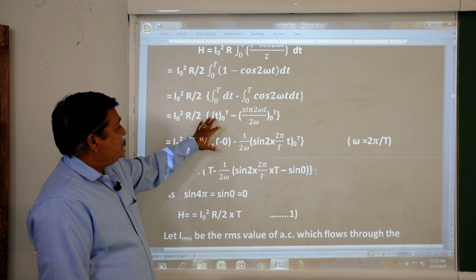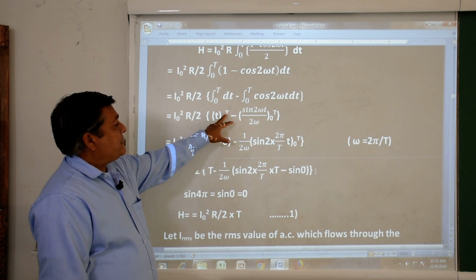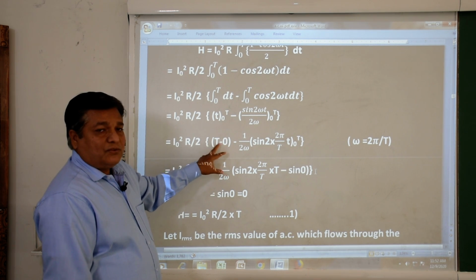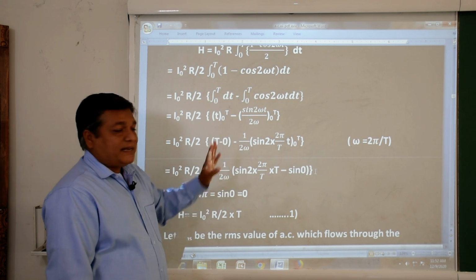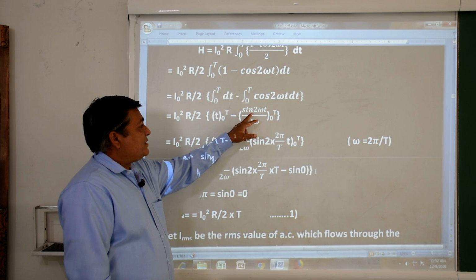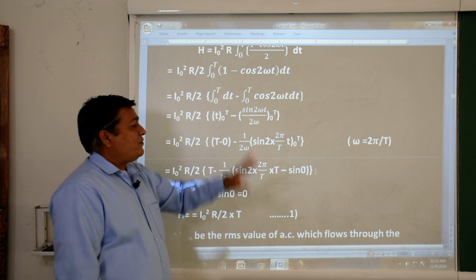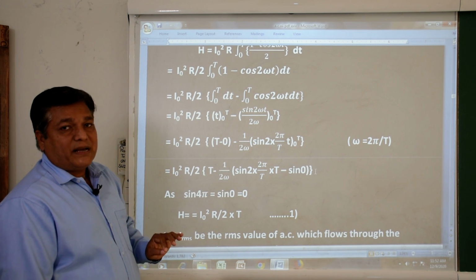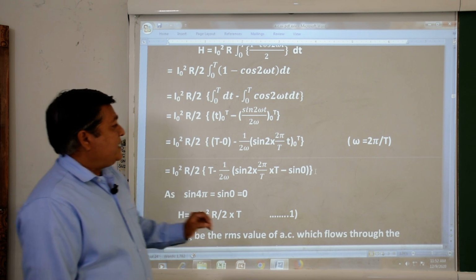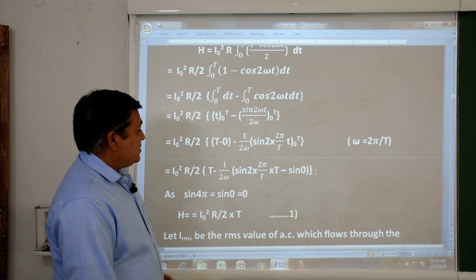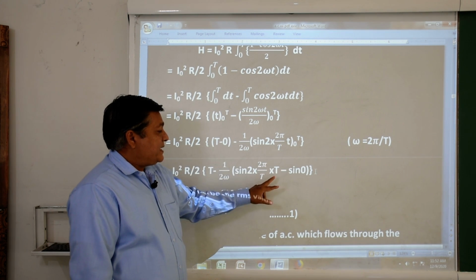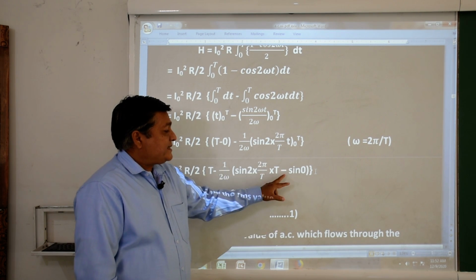Now when we apply the limits in the bracket, we get capital T minus 0 for the first term, minus 1 upon 2 omega taken out. In sin 2 omega t, in place of omega we place 2 pi by capital T, and then we apply the limits: in place of small t, capital T is written, minus sin 0.